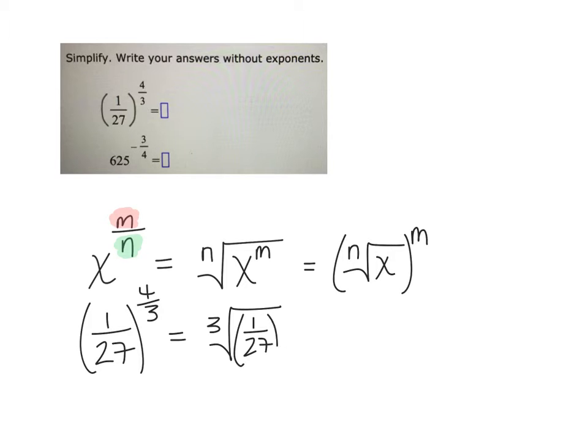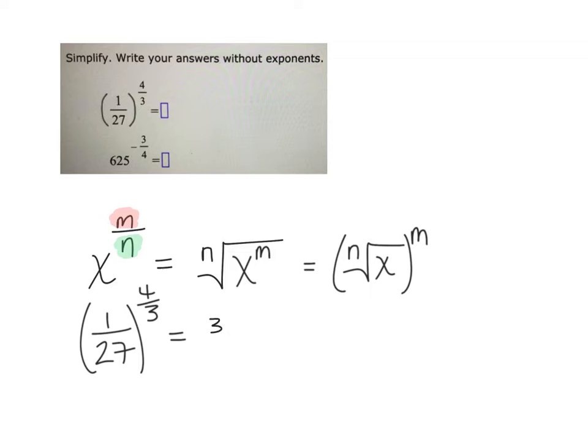Now, if I raise 1 over 27 to the 4th power, that's going to require me to eventually do 27 to the 4th power, which is going to be a very large number. And if I'm trying to do this without a calculator, which most likely I am, that's not going to be effective.